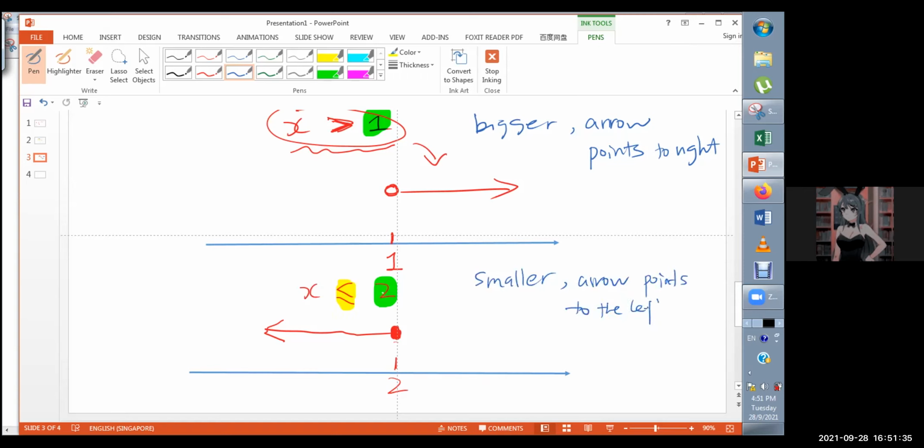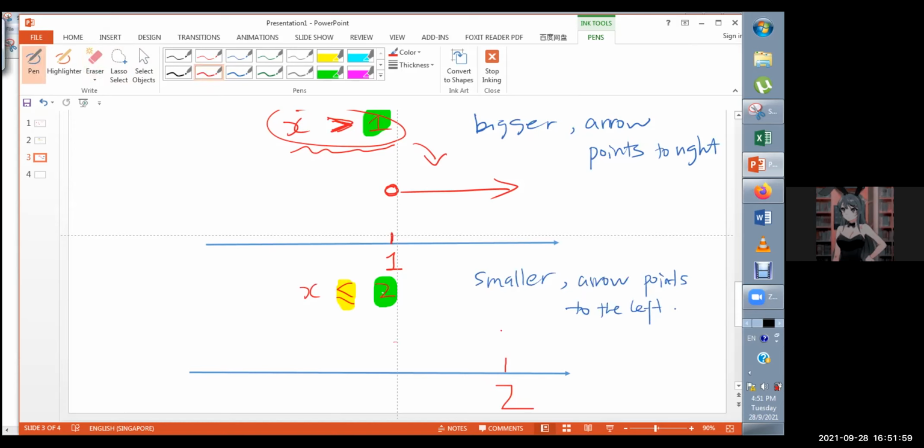But does the number have to be in the middle? In fact, probably you are asking how you want to label the 2. It doesn't matter. You can label the 2 here. If you label it here, you need to adjust all this.